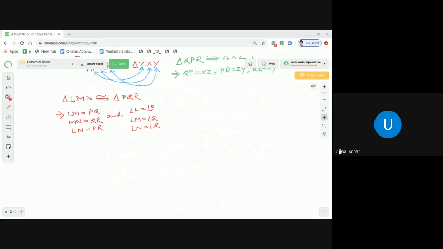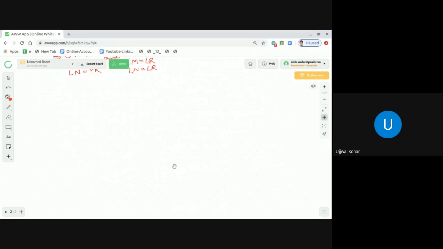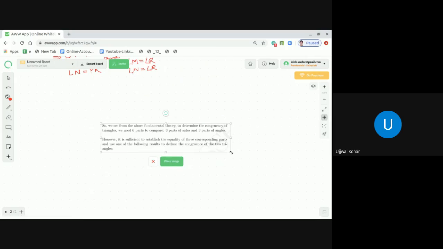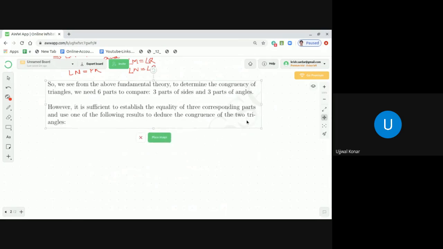Rather, out of these 6 parts, you can take only 3 parts and conclude whether these 2 triangles are congruent or not. Let me first tell you the statement, whatever I just said.